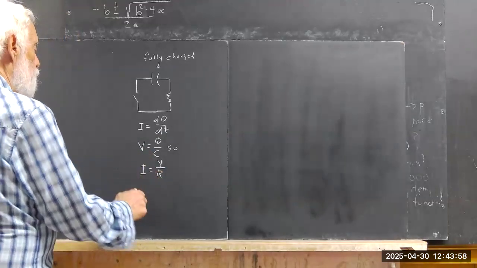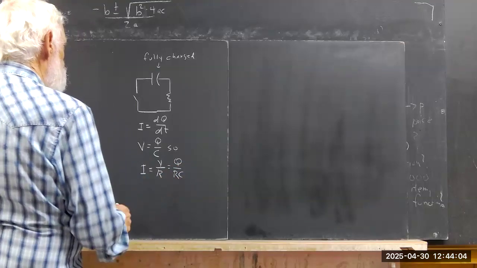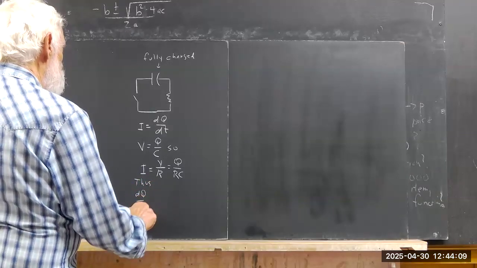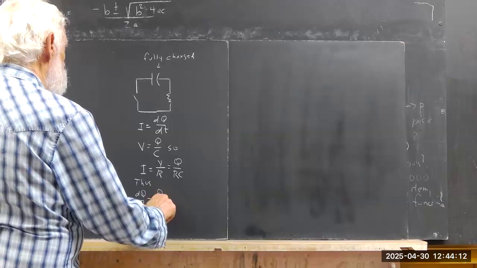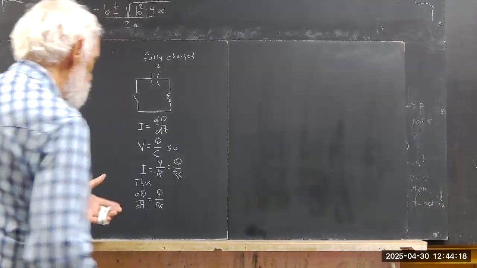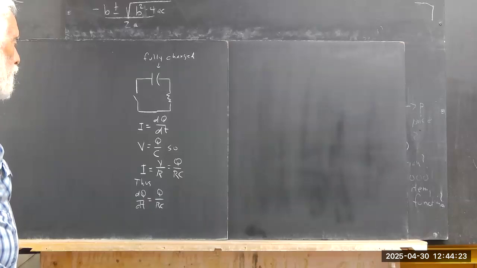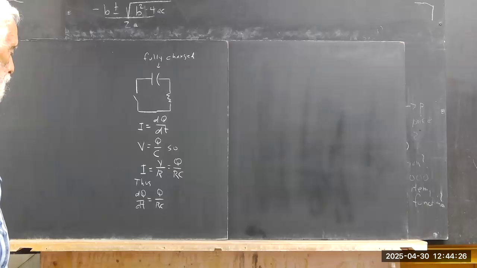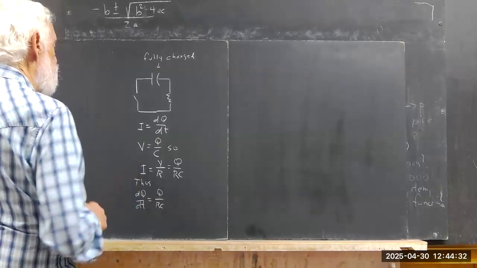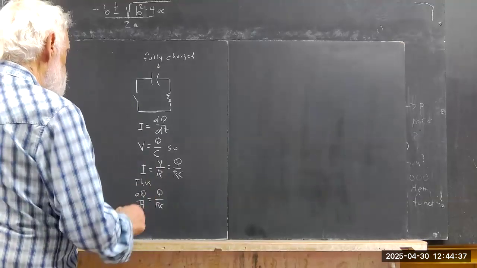So the current is voltage over resistance, which is Q over RC. So dq over dt equals Q over RC, except that the voltage... well, let's solve it.